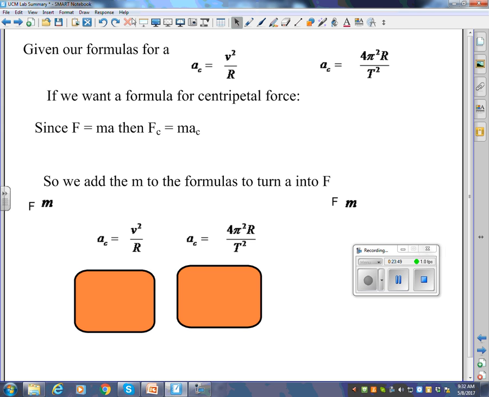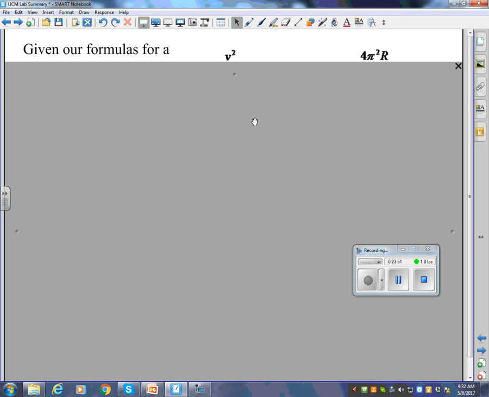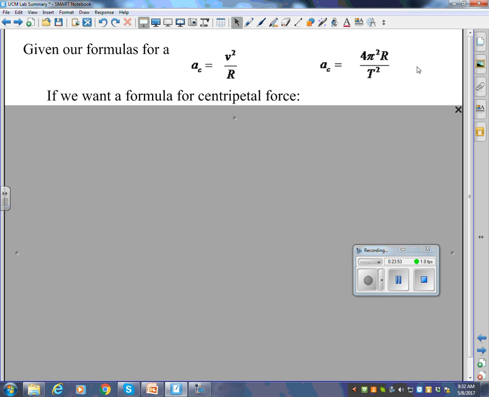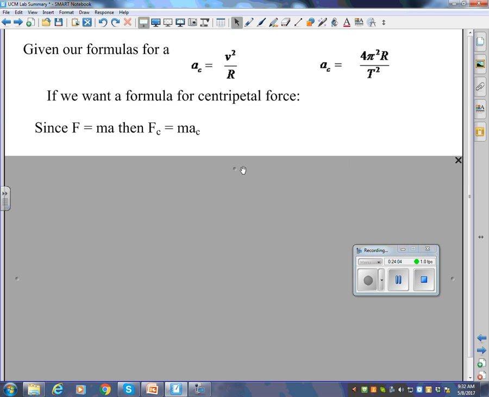Given our formulas for a, which we just came up with, v squared over r and 4 pi squared r over T squared, if you want a formula for centripetal force, and you will, remember Newton's law, which says F equals ma.